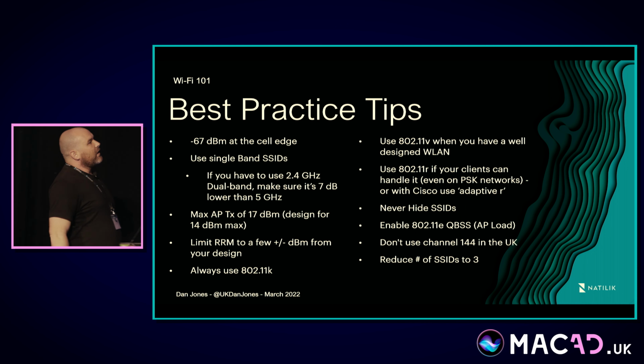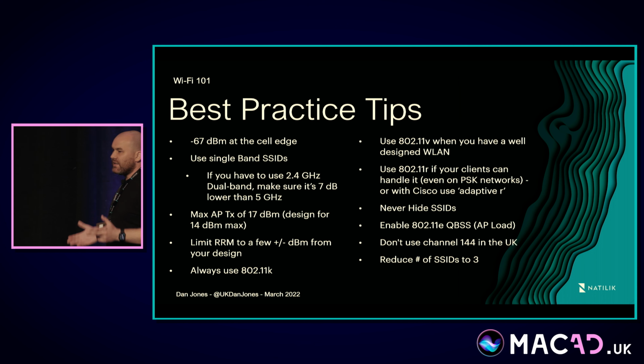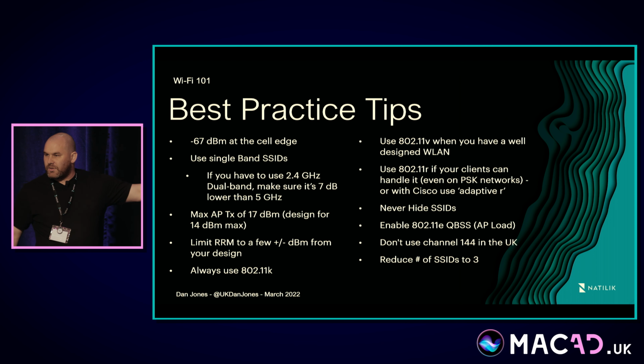These are my best practice tips right at the top. We design for neg 67 at the cell edge. What do I mean by that? What I mean is, if I'm stood away from an AP, if I get to neg 67, I want to turn around and there be another neg 67 AP ready for me to go to.